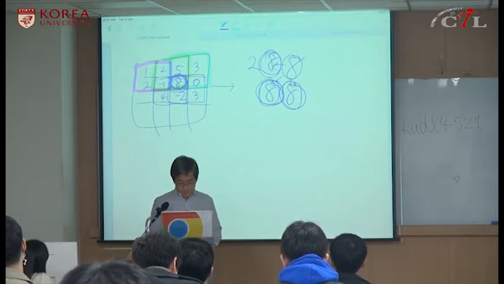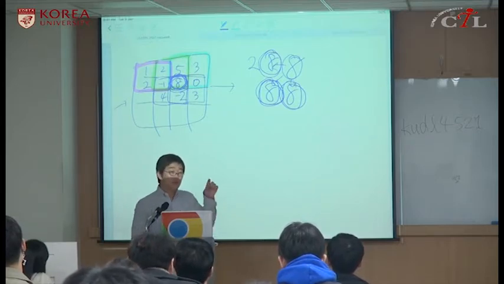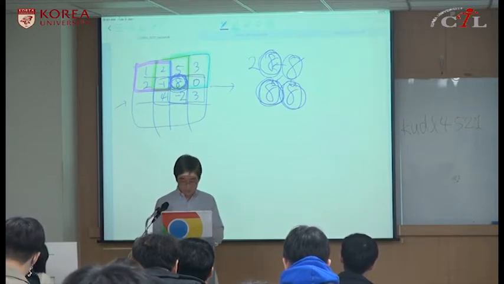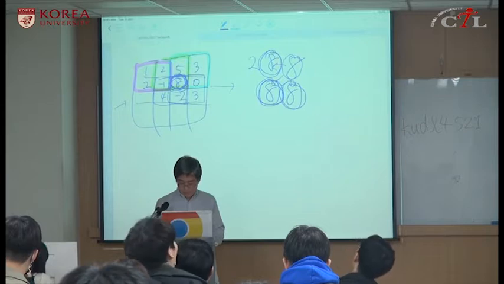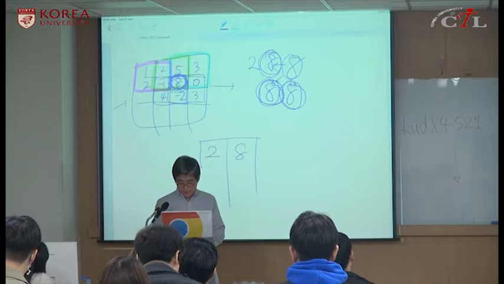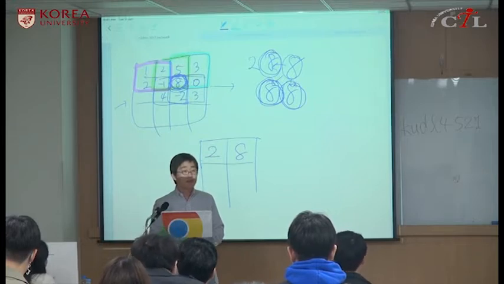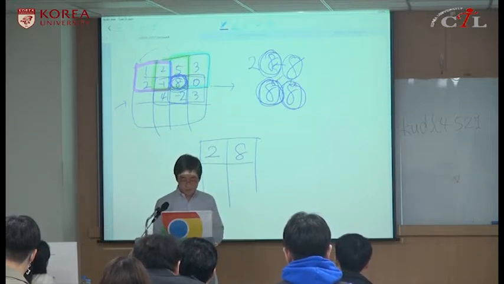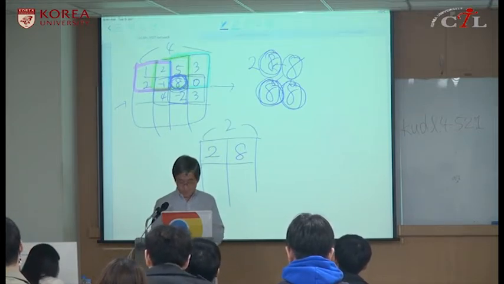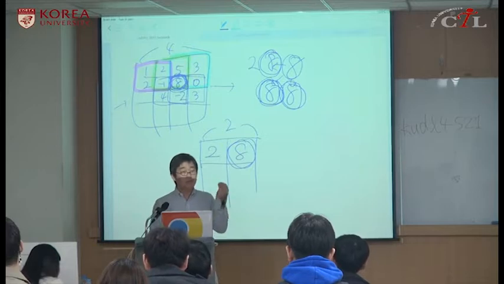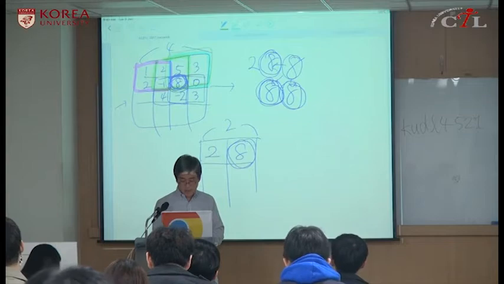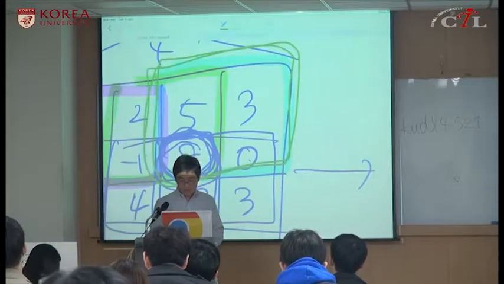So for example, if we apply max pooling over here with the typical setting of non-overlapping windows, the activation map will be 2 and 8, and the spatial resolution of the width will be reduced from 4 to 2, right? But we typically think of this 8 as the representative of this part.